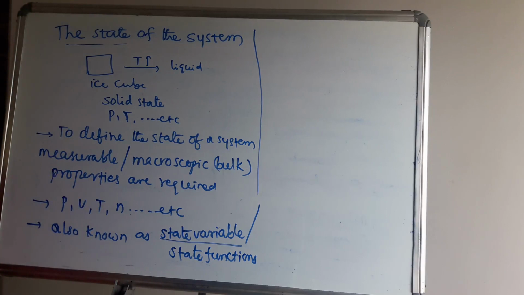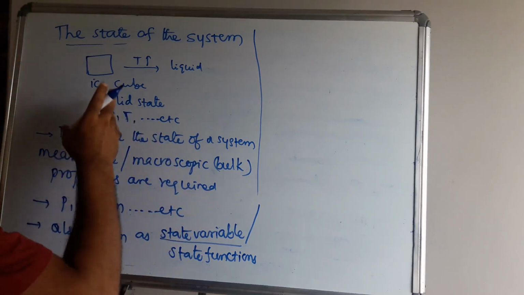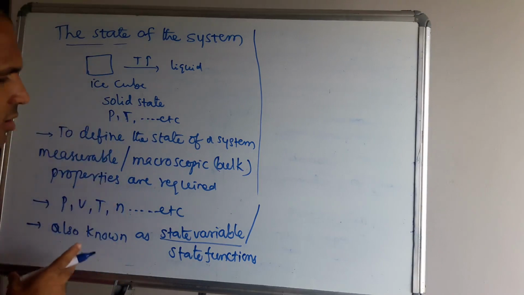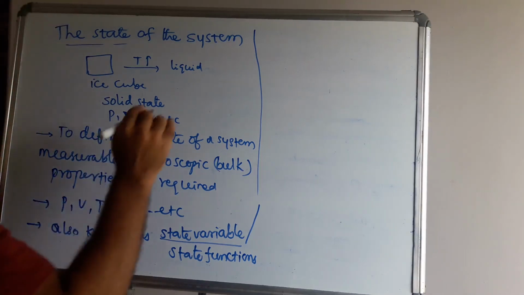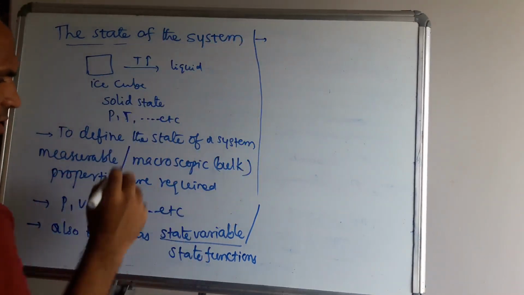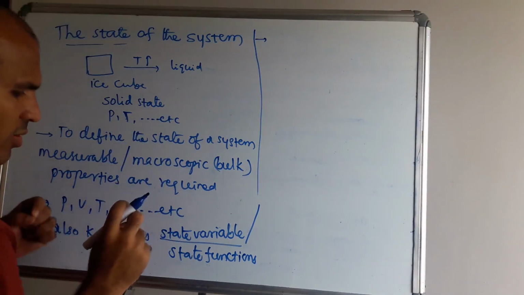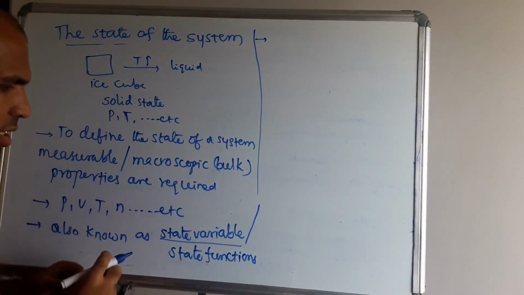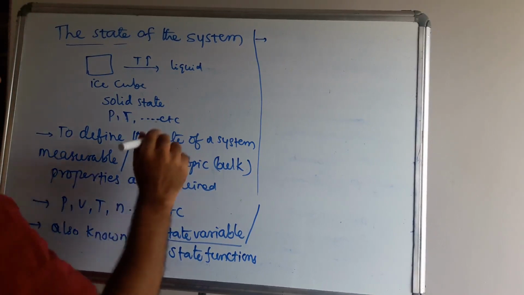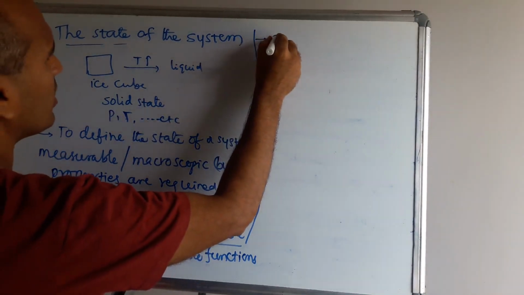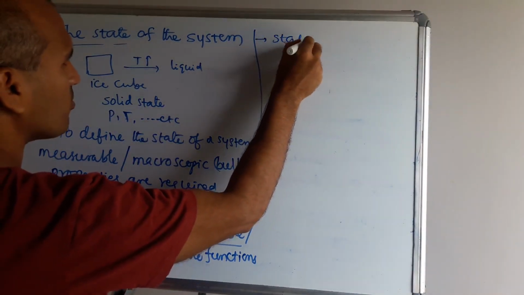Only few are required. Few automatically fix their values. Therefore, we can define the state of a system. After this, now we use one word here, state function. Another word is also there, that is path function. First I want to define state function.